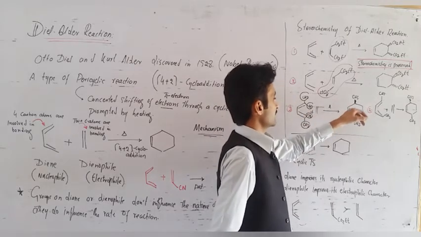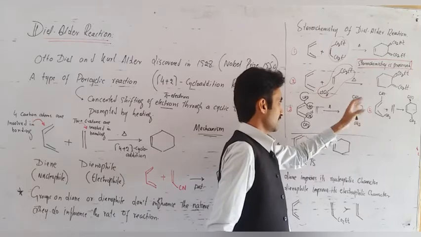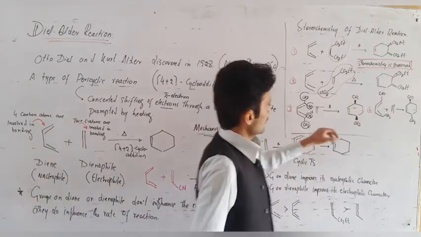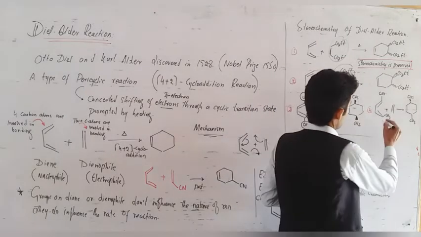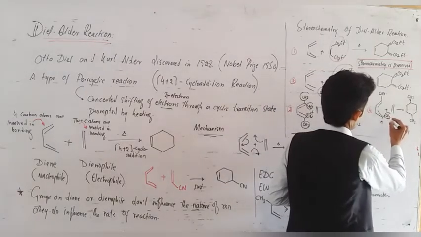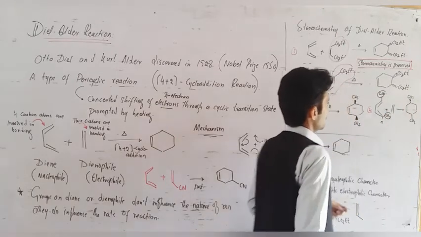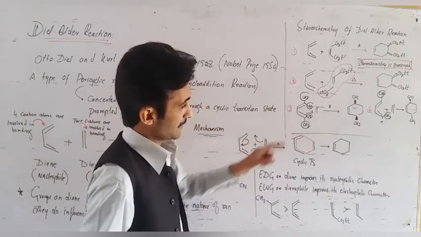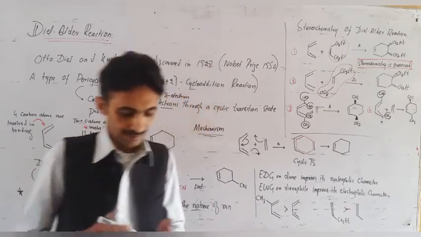So in the product, both the groups will remain on the same side, either above or below the plane of the product. Unlike this conformation, in which one of the methyl groups is on the right and another is on the left, its product will be different stereochemically, with one methyl group below the plane and another above the plane.